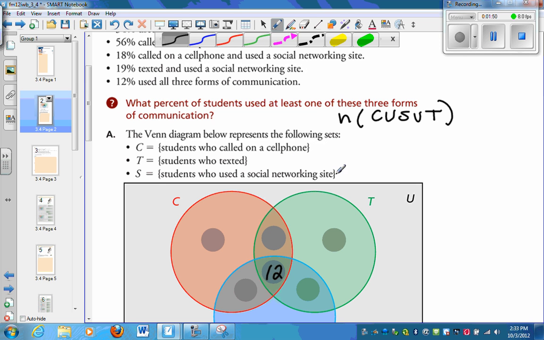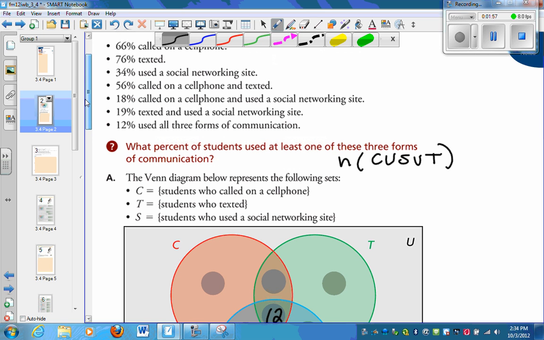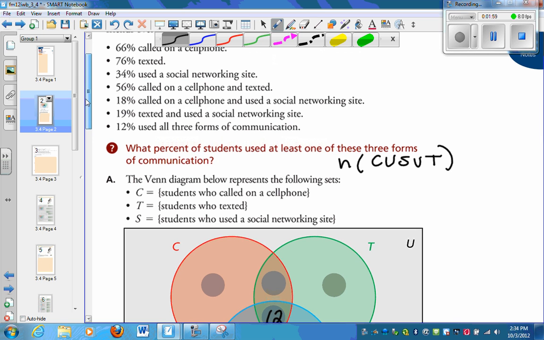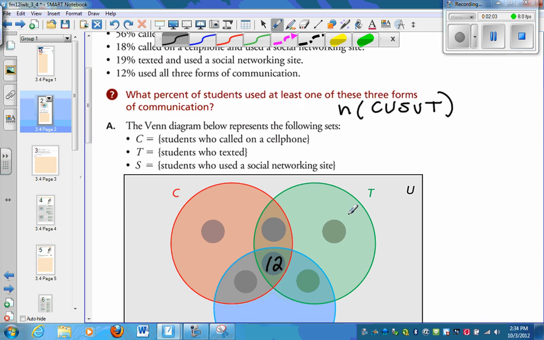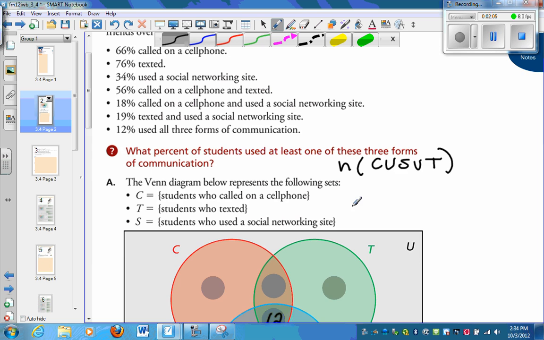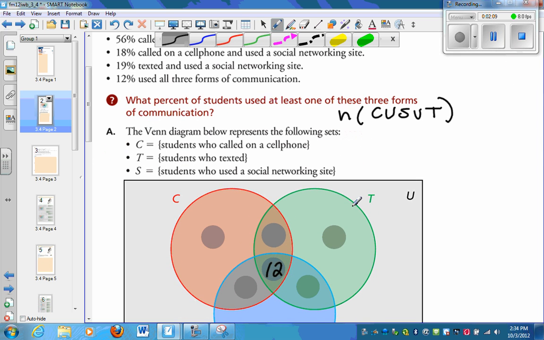Okay, now let's look at all the information that talked about cell phones. Let's look at how many used both cell phones and texting. Cell phone and texted is 56%, but we've already used 12% there, so we have to take 12 off. We're going to put 44.